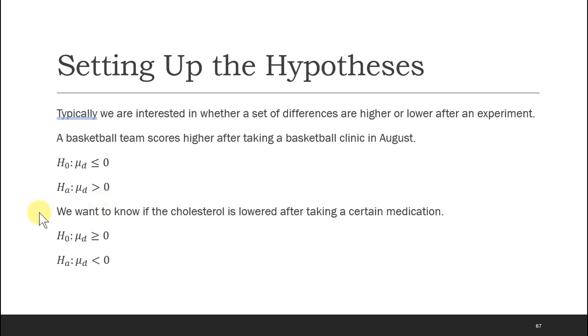Or we want to know if cholesterol is lowered after taking a certain medication. Now I would expect smaller cholesterol numbers, so the differences would be negative. My alternative should be mu sub d less than 0. So you want it to be negative. If this doesn't totally make sense, we're going to do a couple of examples and then hopefully this will start to click. But I want to make it clear that we typically center this all around 0.